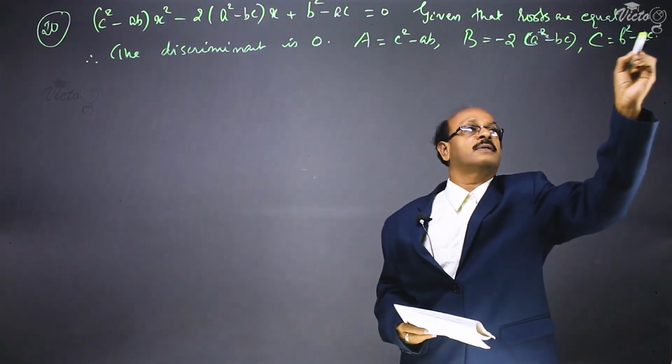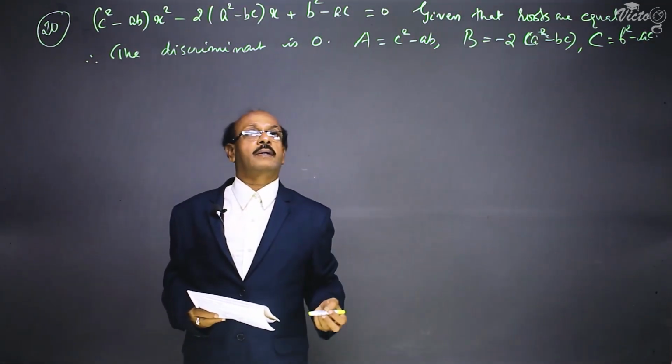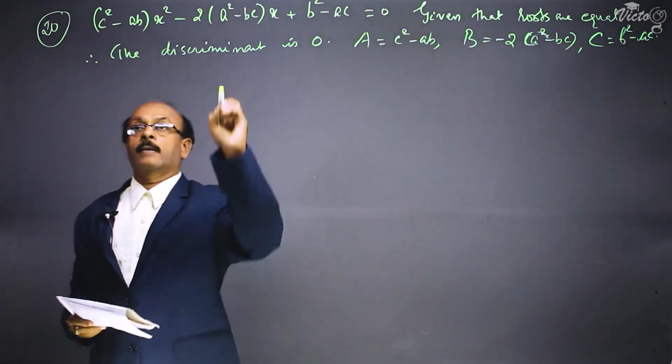Now we are going to find out the value of B square minus 4AC is equal to 0.